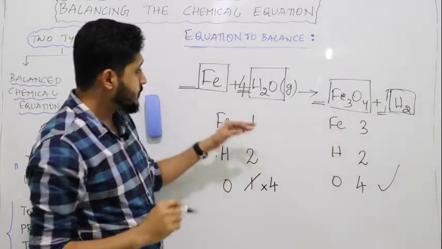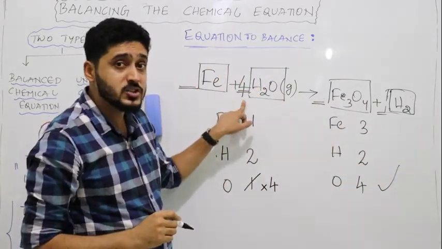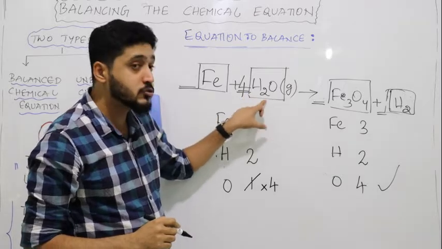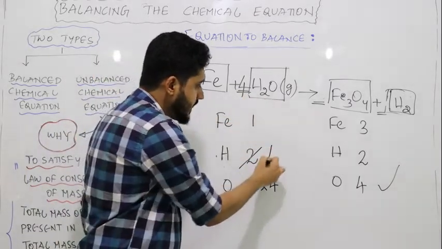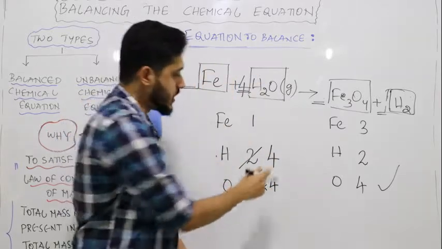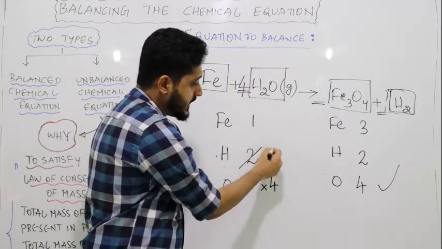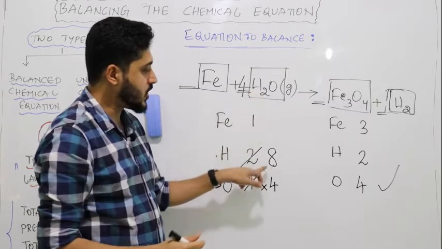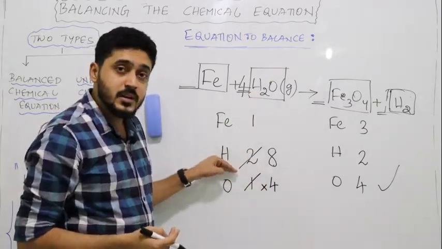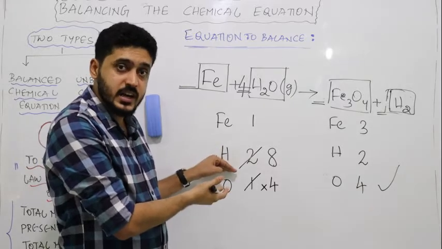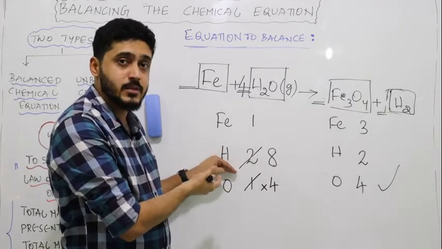Now in the process of balancing, how many hydrogen atoms are there now? 4 into 2. Now the hydrogen atoms have changed. Sorry, this 2 is now becoming 8. 4 into 2, the hydrogen is becoming 8. Now the highest number is for hydrogen, 8. So try to balance that highest number of atoms.